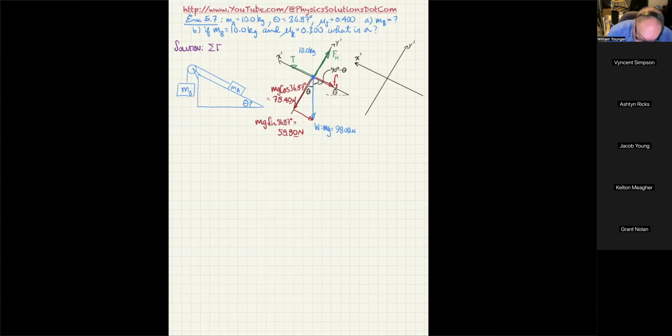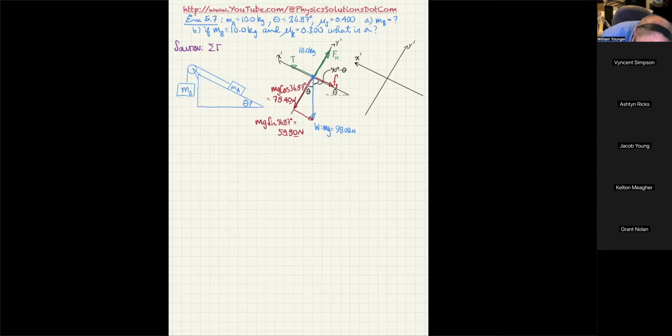Okay, so that's what this diagram is about, when MA goes up the incline. Now I can draw more or less the same diagram with one slight change over here, and this is for the case when MA slides down the incline.